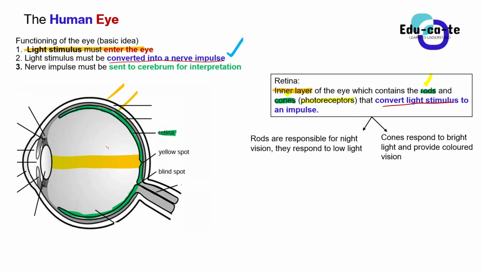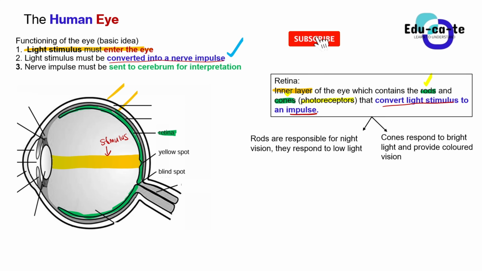The light that is entering here is a stimulus. This light stimulus enters the eye, and the retina has rods and cones on it. Those photoreceptors convert that light stimulus into an impulse.